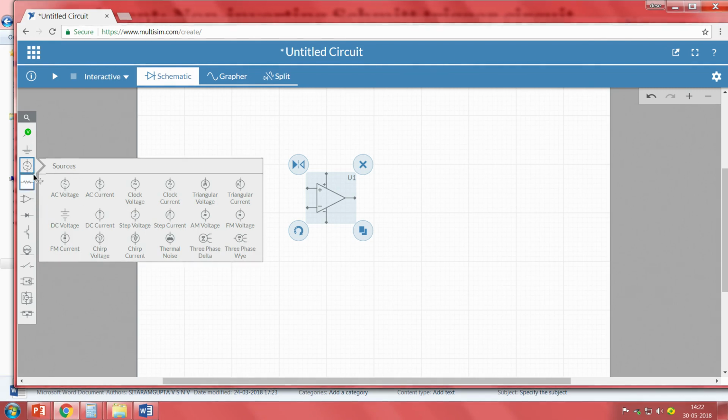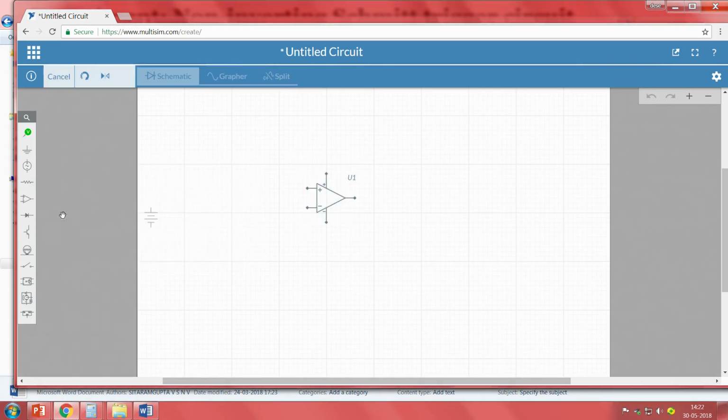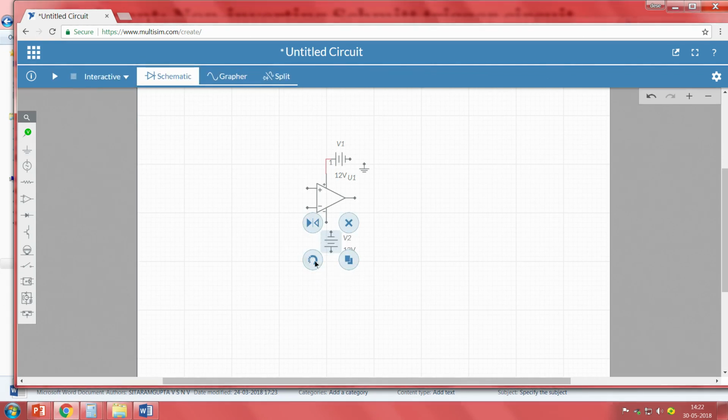So, I will go to the source palette, take a DC voltage and rotate it, and connect it from here to here, right. Similarly, I need a ground, I will put a ground and connect it later, and again I need one more supply voltage to power the negative bias, then again the ground, right.